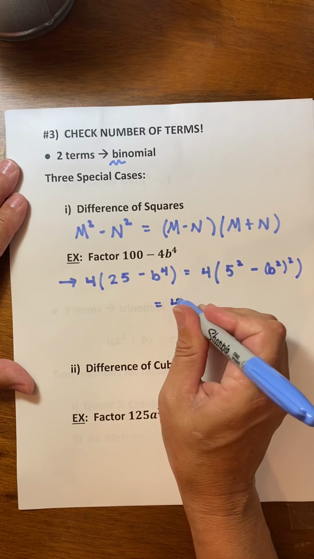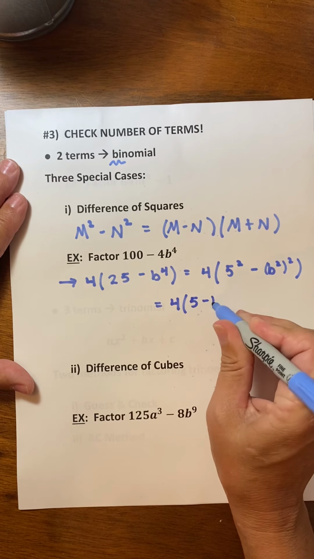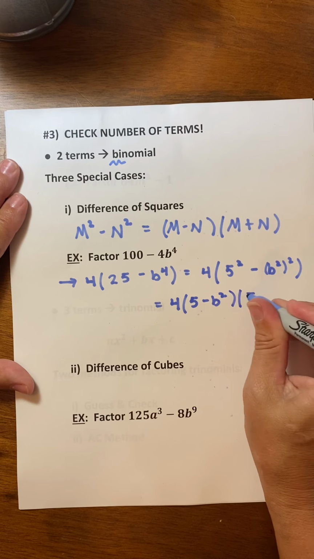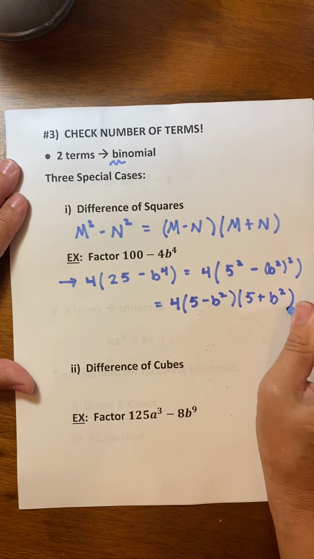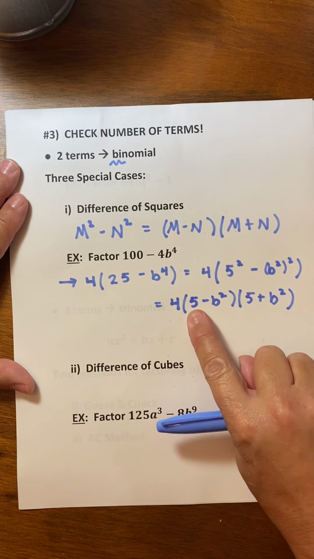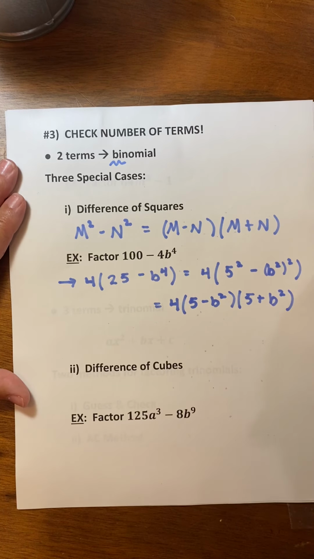So now what's inside the parentheses is the difference of squares. So it's 5 minus b squared, because we just take the powers off, 5 plus b squared. And then just double check. That's not the difference of squares, because 5 is not a perfect square number, and that's a sum. So we're done.